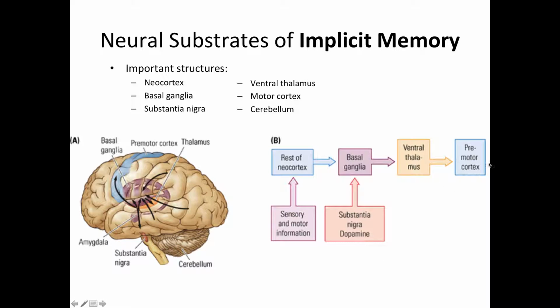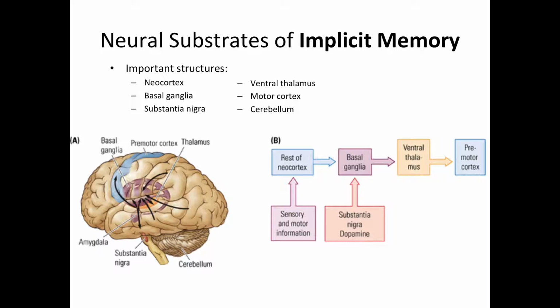So you can see that right here. The basal ganglia will receive projections from the neocortex and the substantia nigra, and they will send it through the ventral thalamus to the premotor cortex. The motor cortex also shares connections with the cerebellum, and the cerebellum therefore also contributes to implicit memory.